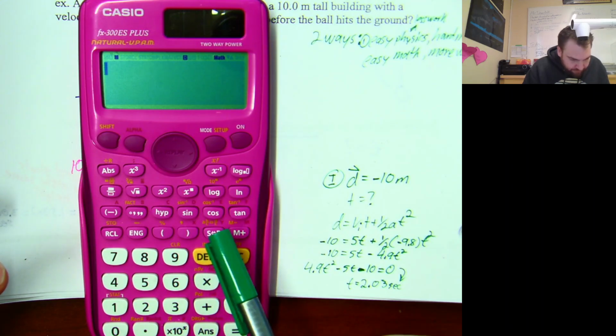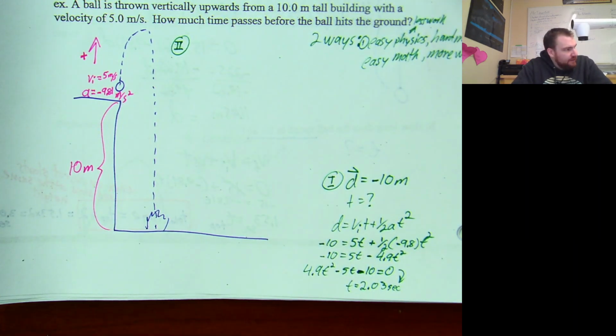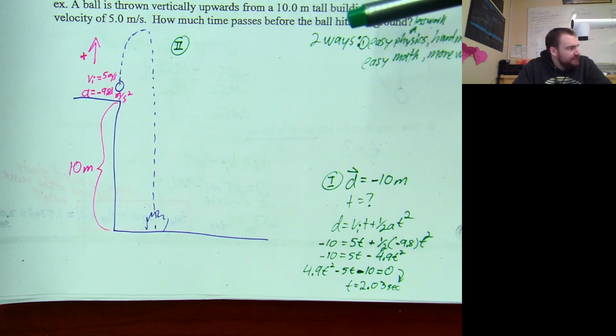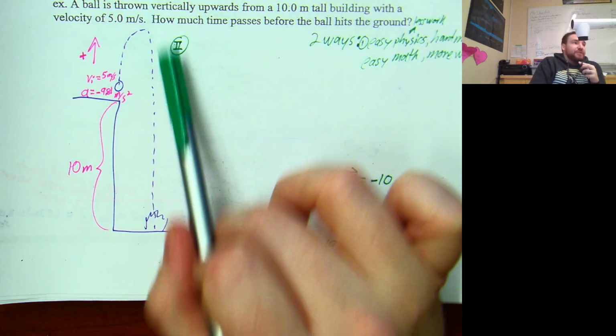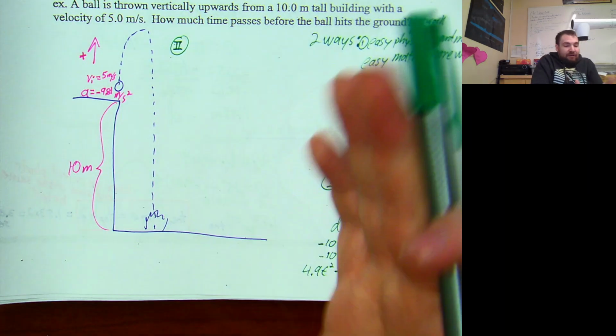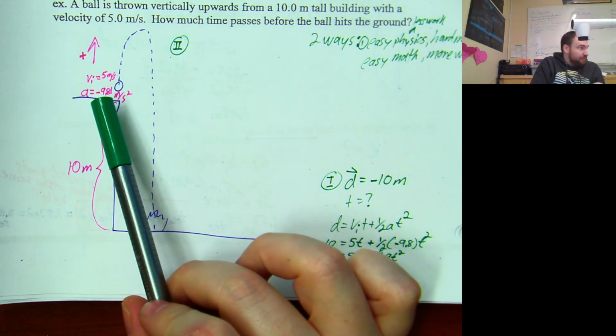Okay, so if you found a negative answer, so Luis, the reason I picked the plus answer is because that's the one that I knew was going to give me my positive value. If I had chosen the minus the square root, I would have gotten a negative value. And that negative value, because the shape of any object being thrown into the air, doesn't matter how narrow it is, is still going to be a parabola.